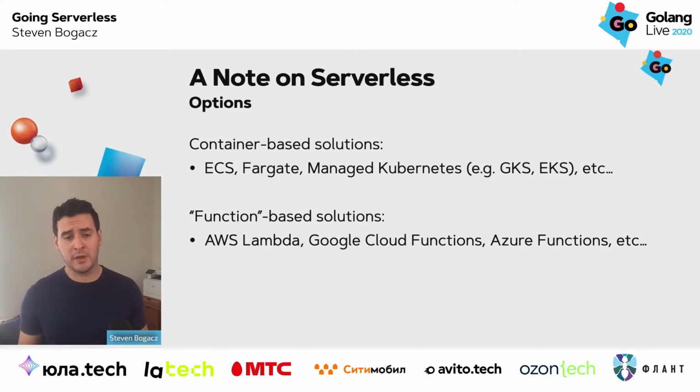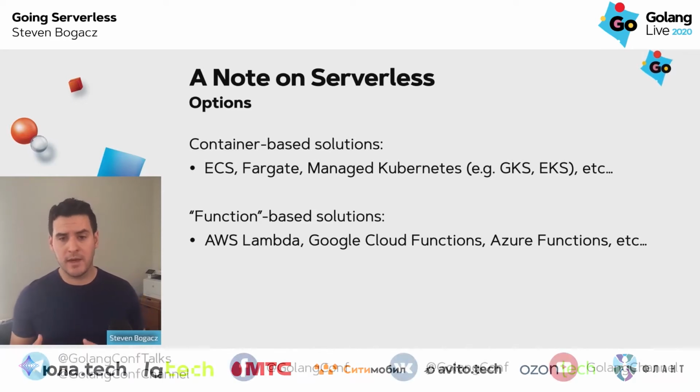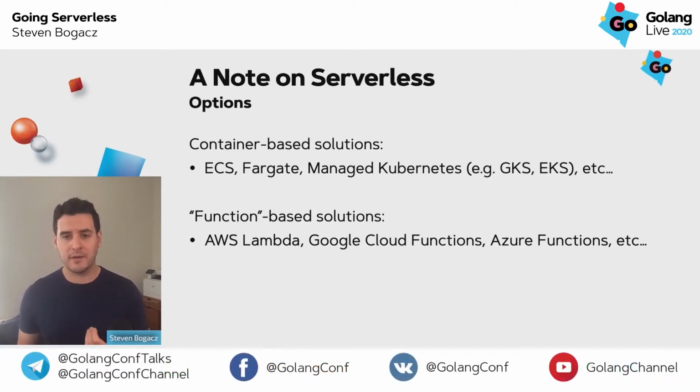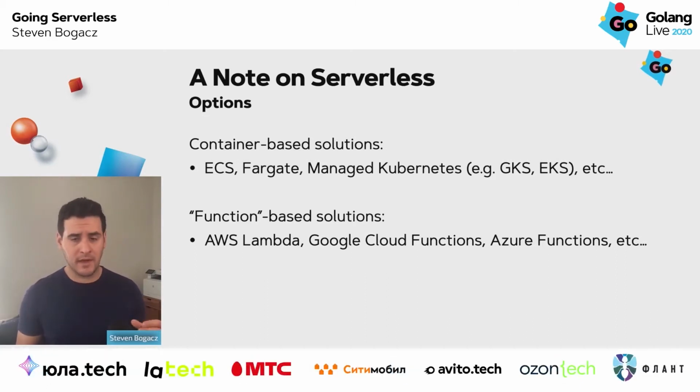But what we're really going to be talking about is function-based solutions, and that's AWS Lambda, Google Cloud Functions, and Azure Functions. The distinguishing feature for functions is that instead of taking an entire Docker image, you have code or a binary with a very specific entry point for a very specific kind of invocation request object. Sometimes that can be a cron job, that can be an HTTP request. And we're going to be talking about HTTP-based functions.